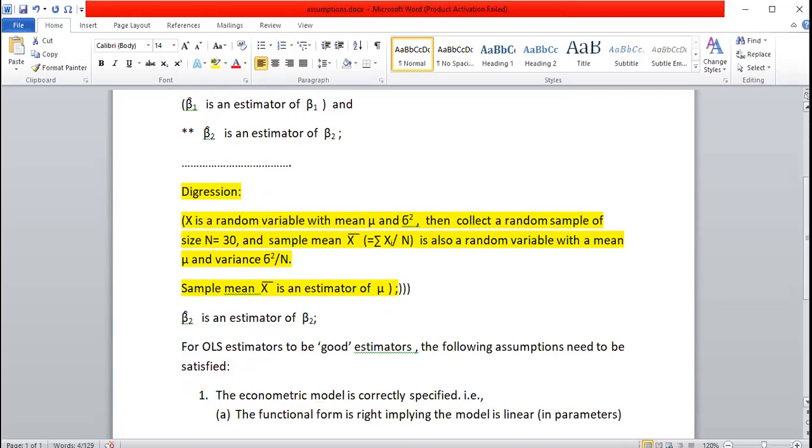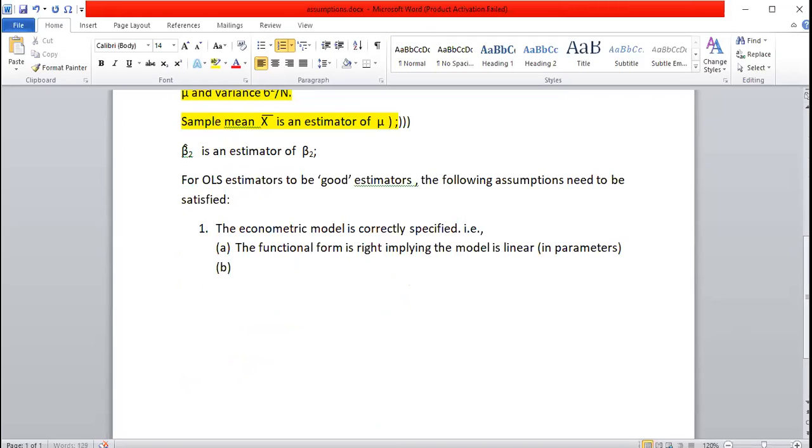Here I'll spend some time on the linearity. So let's say the model is like this. Is it linear? No, it's no more linear. It's a non-linear model. You cannot handle this kind of model.